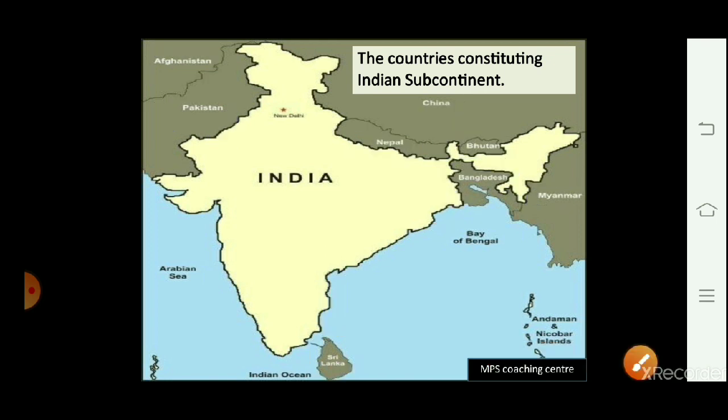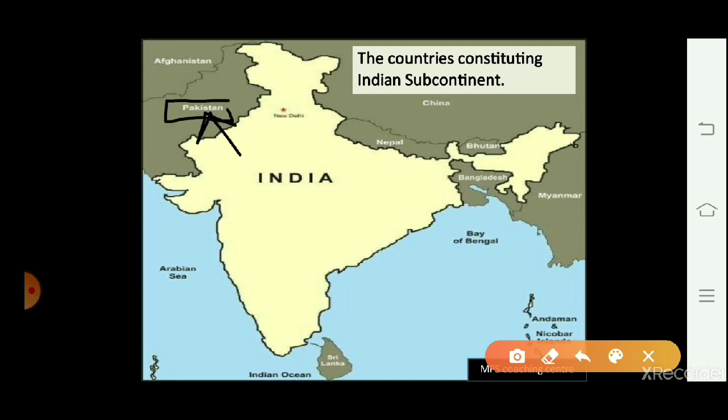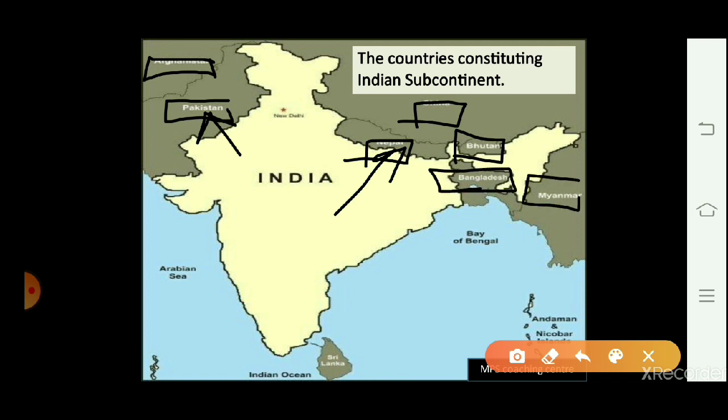One more thing we have to understand from this: Pakistan and Afghanistan are India's northwestern neighbors, whereas Nepal, China and Bhutan are India's northernmost neighbors. Bangladesh and Myanmar are known as India's northeastern neighbors. Sri Lanka is known as India's southeastern neighbor.